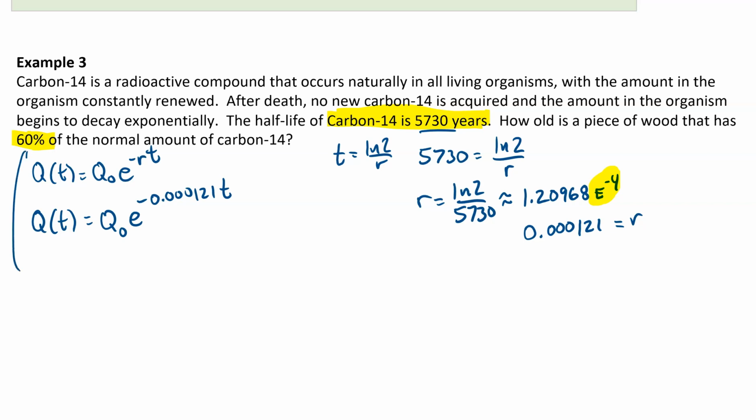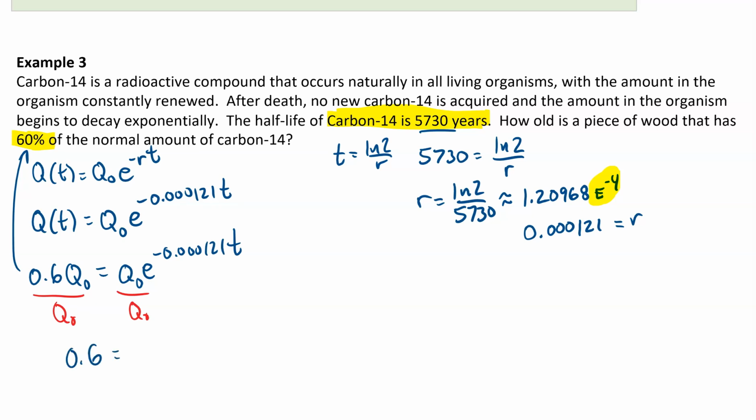That's relative to our initial value, and so we can write this as 0.6 times Q sub naught and set that equal to Q sub naught e to the negative 0.000121 t. Of course, we can solve this because our first step is going to be to divide by Q sub naught, and we end up with 0.6 equals e to this power.